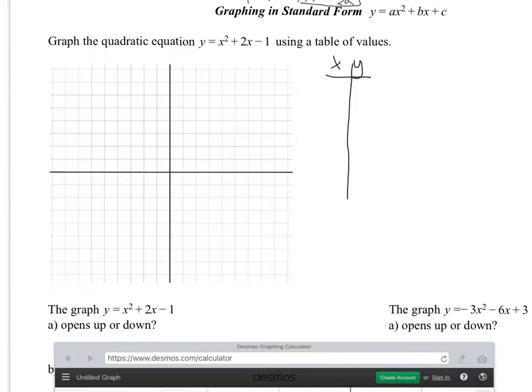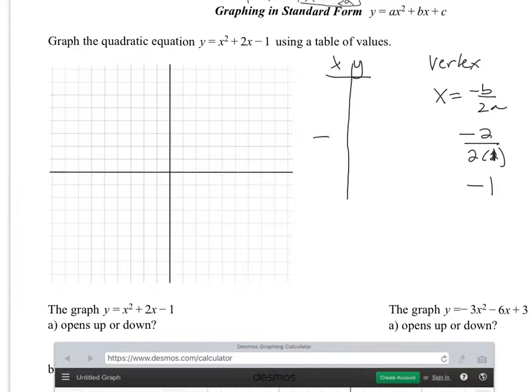Now the problem with the parabola is you have to be very careful which ones you pick. The first thing I'm going to do is figure out where my vertex is. The vertex, we said, is always negative b over 2a for the x-coordinate. In this case that is negative 2 over 2 times 1, so negative 2 over 2, which is negative 1.